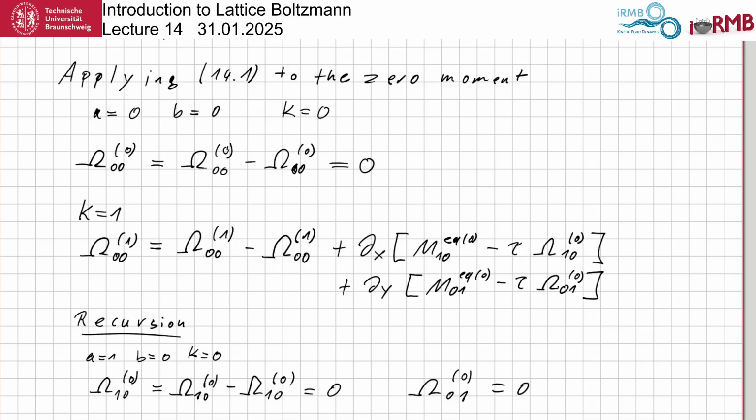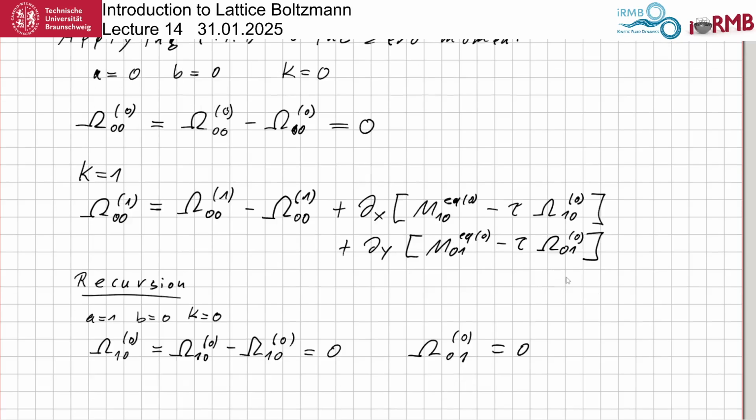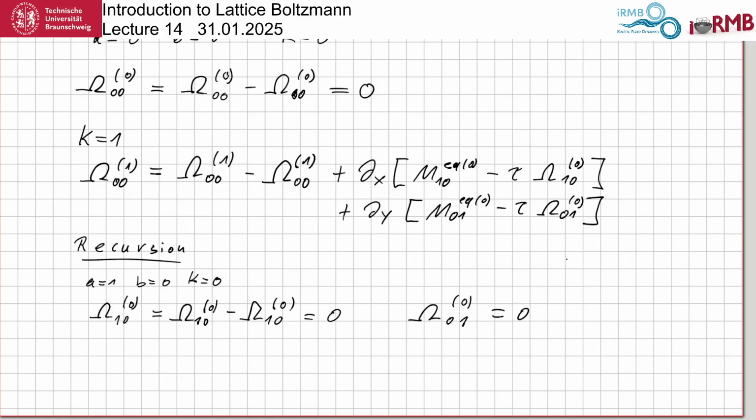This is also 0. So then we can determine that omega 0, 0 to first order is equal to dx m1, 0 equilibrium to 0 order plus dy m0, 1 equilibrium to 0 order. And this is not the equation that we want to solve, so we are not done here. Not yet.